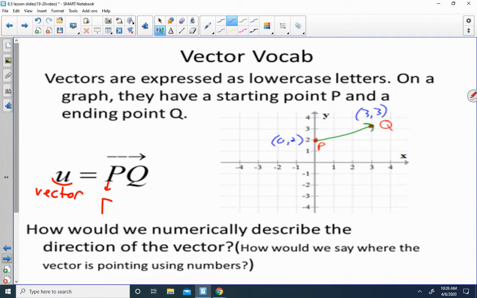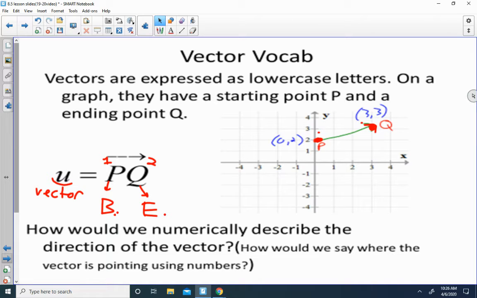Point P, which in this case would be this point right here, would always represent the beginning point, or B for beginning. The second letter, Q, would represent the ending point, or E for ending, basically where your arrow is going to be pointing. The first letter is always the beginning, the second letter is always the end. And these two letters, as always, will give you the beginning point and the ending point, as you see over here.